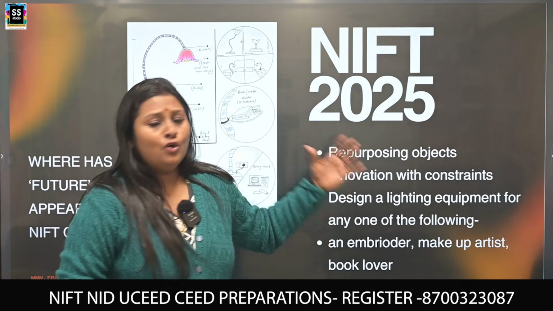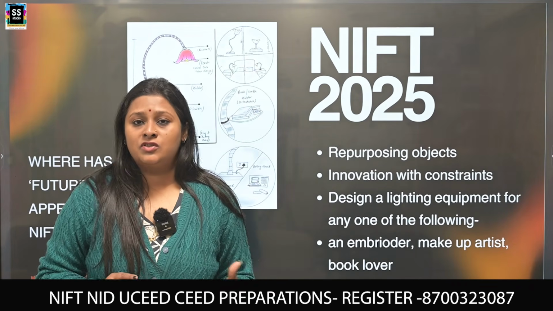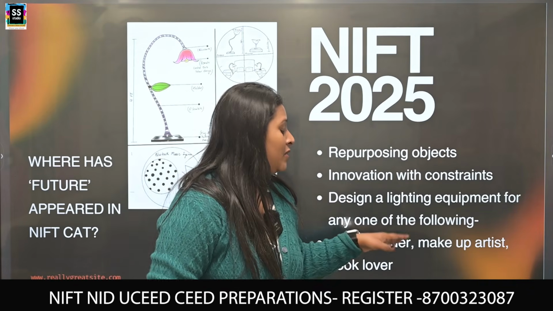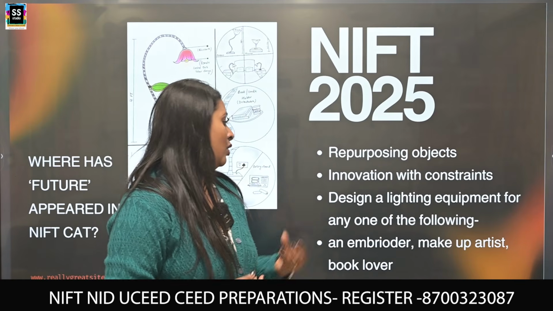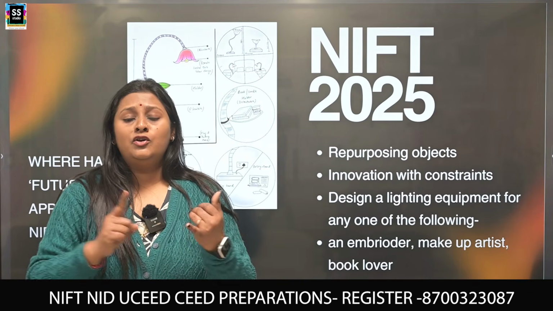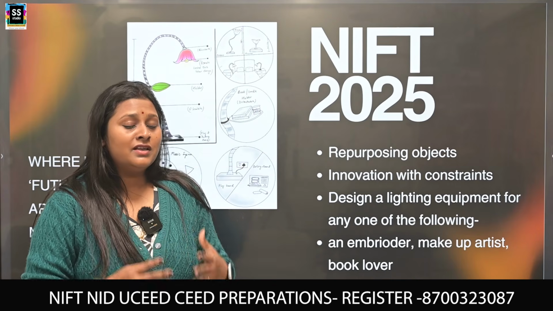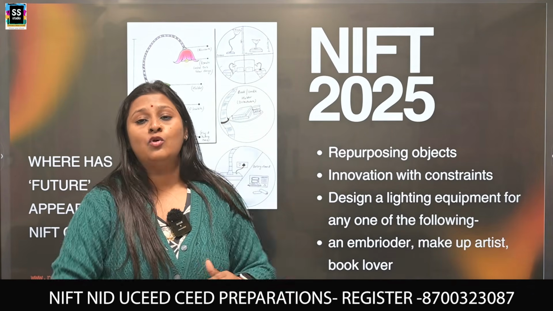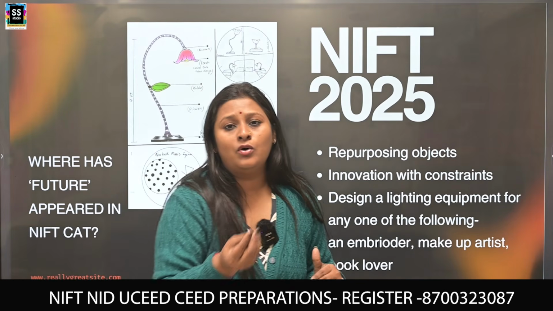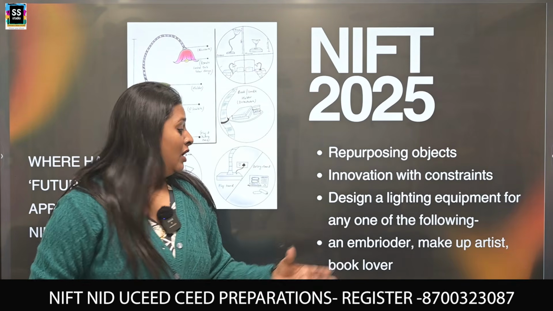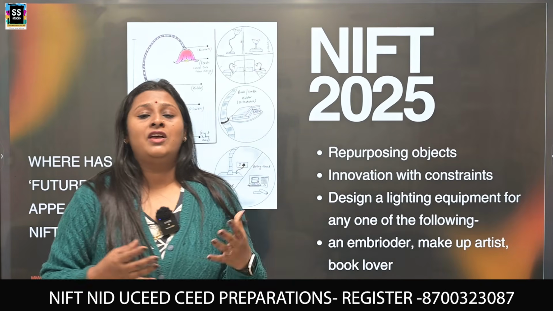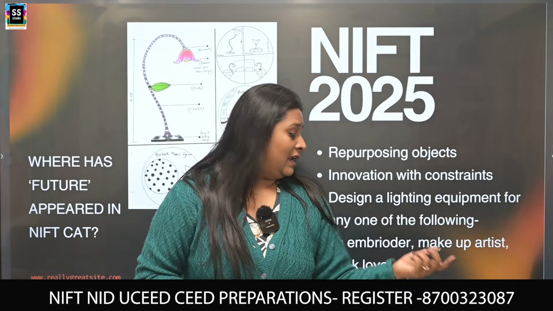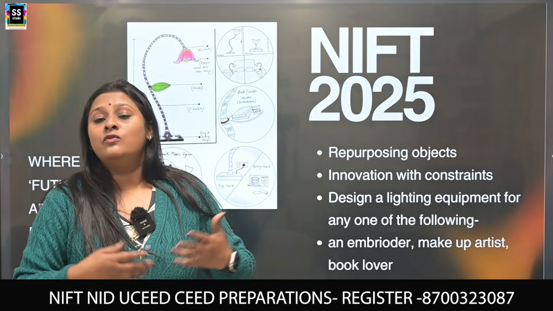Nowhere is it written that it is a futuristic design question, but if you are making a lighting fixture for an embroiderer, makeup artist, or book lover, you're not only solving a problem, you are thinking about something available right now, but adding more specifications, more tech-oriented features, or something that can resolve the issue, so that wherever the embroiderer is facing a problem, he can improve his work with his lighting fixture.